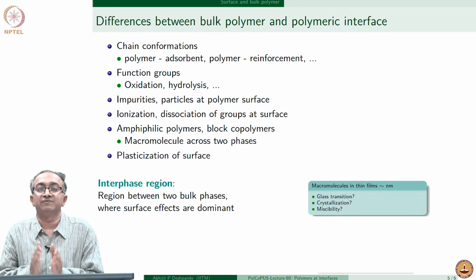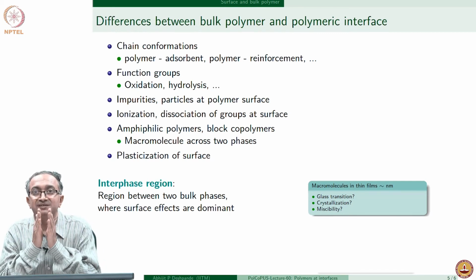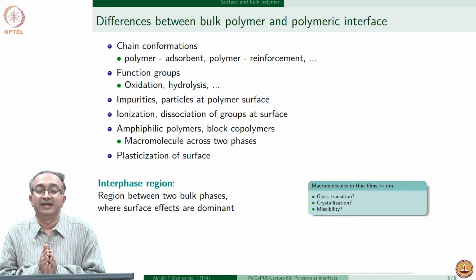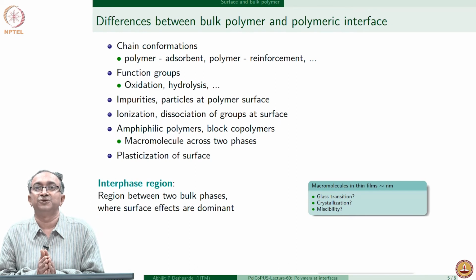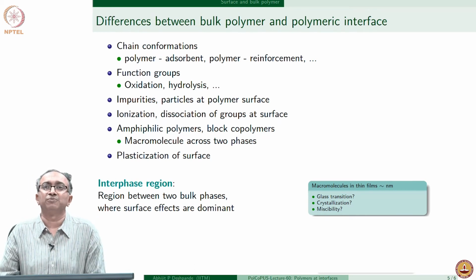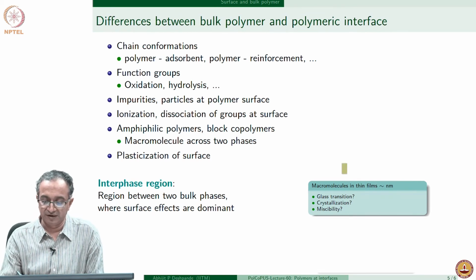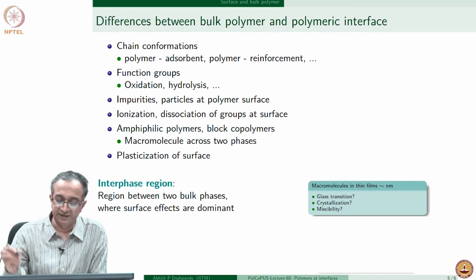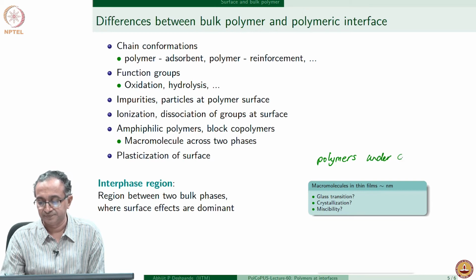The whole behavior of the film is pretty much influenced by interface effects, because the size of the film is so small that the interface region and interface effects are going to be completely dominating. So, what happens to macromolecules in such films? This is also called, especially in the research literature, polymers under confinement.